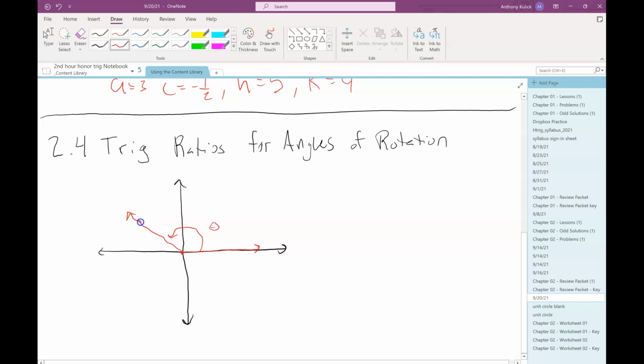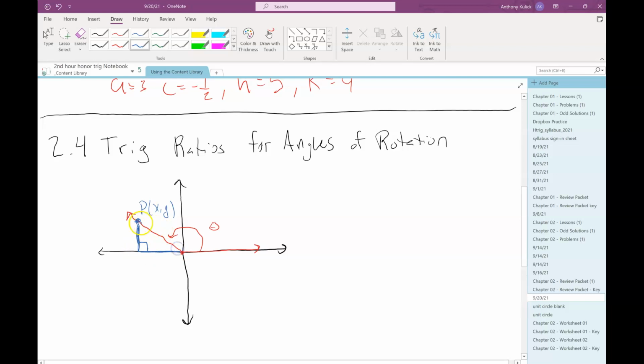So let's say we pick some point on this terminal side. It doesn't really matter where that point is. For the sake of argument, let's say the point is here. I'm going to call that point P, and I'm going to give it the coordinates x, y. I'm going to draw a perpendicular from point P back to the positive x-axis.